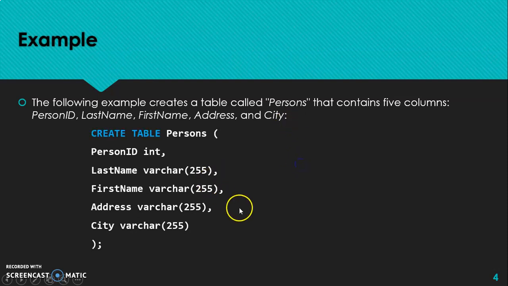So the SQL statement will be as follows: create table persons, opening parenthesis, person ID of type integer, last name of type varchar, and I am specifying the size here, that is maximum 255. Similarly, first name varchar 255, address varchar 255 and city varchar 255. Close the parenthesis, semicolon.